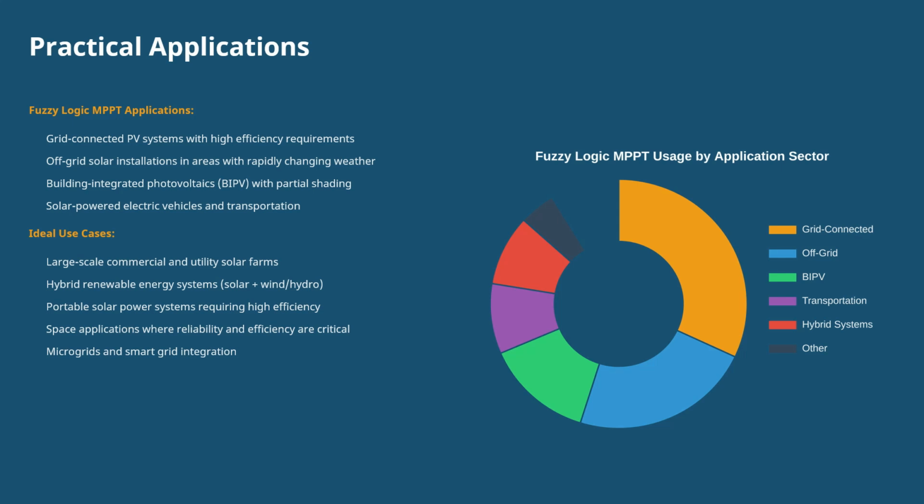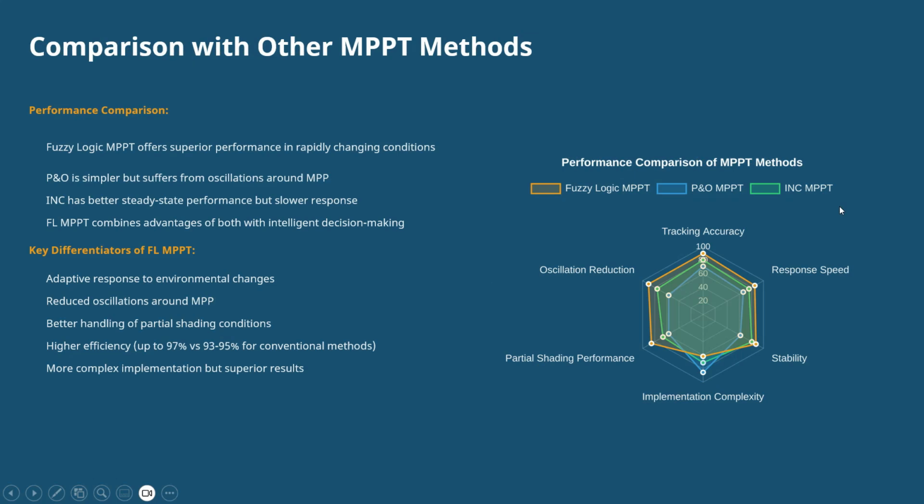It is ideal for large solar farms, portable solar farms, hybrid systems, solar plus wind, smart microgrids and IoT-connected power platforms. There is a comparison with other MPPT methods also, as you see in the graph.